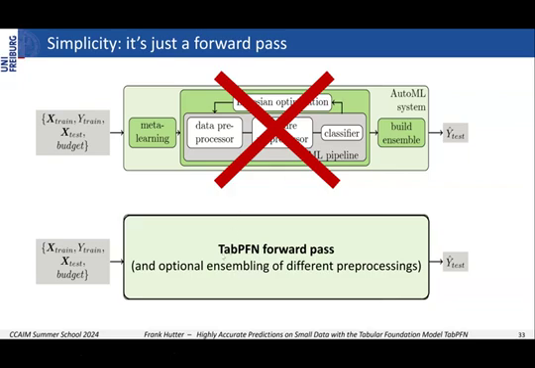And this TabPFN, it's a neural network. You do a forward pass. You could put this onto a sensor, and then you have a new algorithm that is being learned on your sensor by running a forward pass. It's quite amazing.